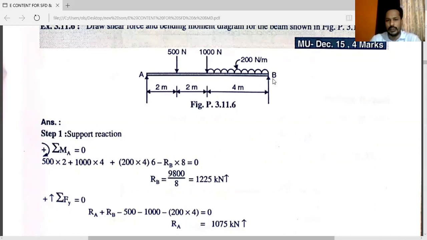RB is also moving upward, so plus RB. 500 is moving downward, so minus 500. 1000 Newton is also moving downward, so minus 1000. And this 200 into 4, that is 800 Newton, is moving downward. So minus 200 into 4 is equal to 0. Here we have the value of RB from first equation. So you will get the value of RA, that is 1075 Newton.